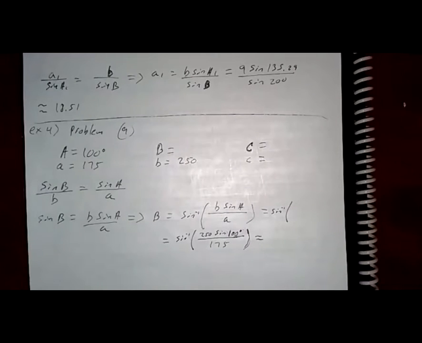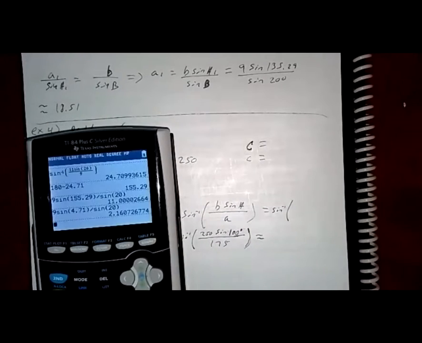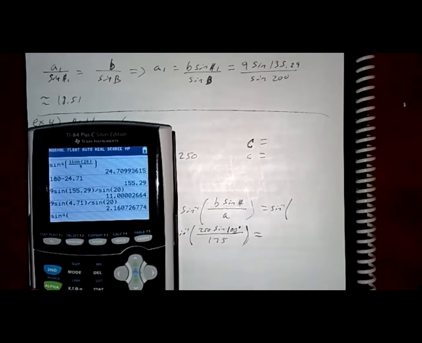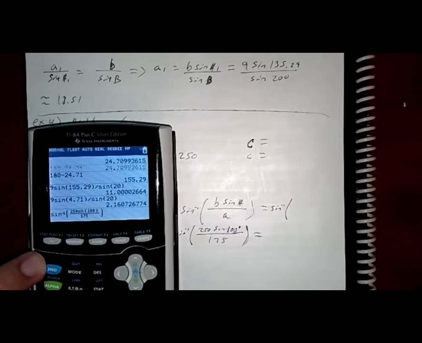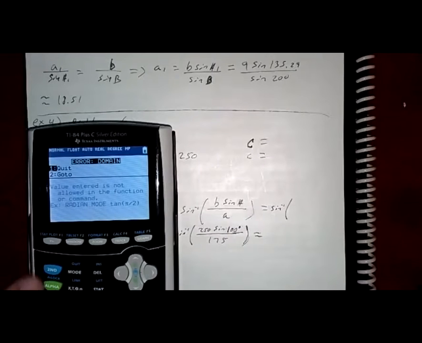So let's punch that in and see what happens. Sine inverse of, put it in fraction form, 250 sine 100. Make sure you're in degrees, over 175, or whatever that is. And I get an error.